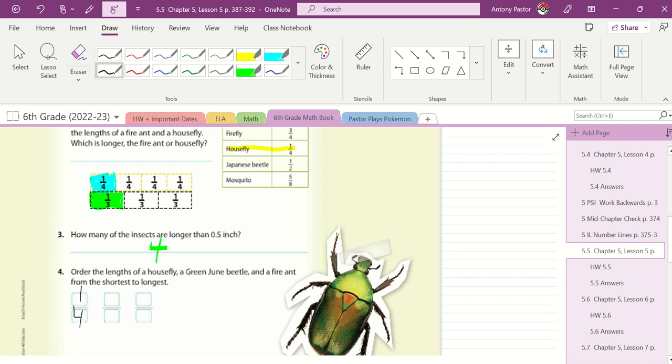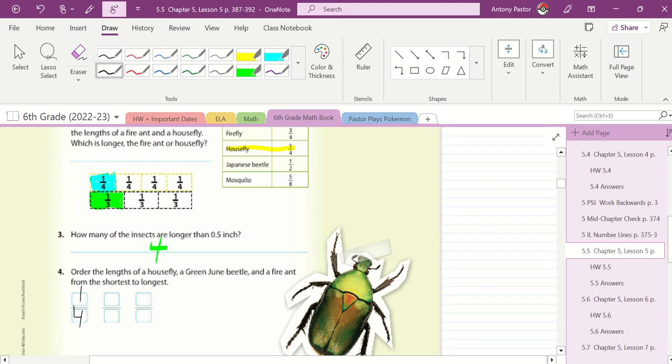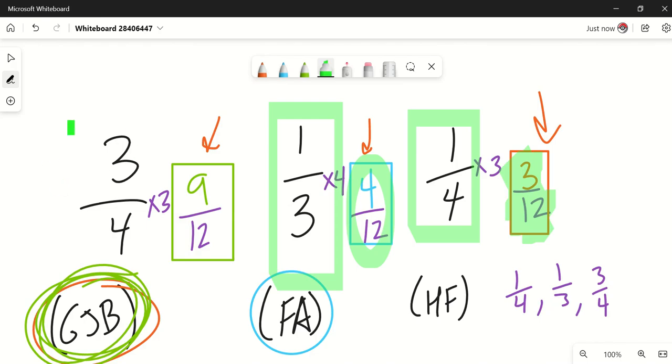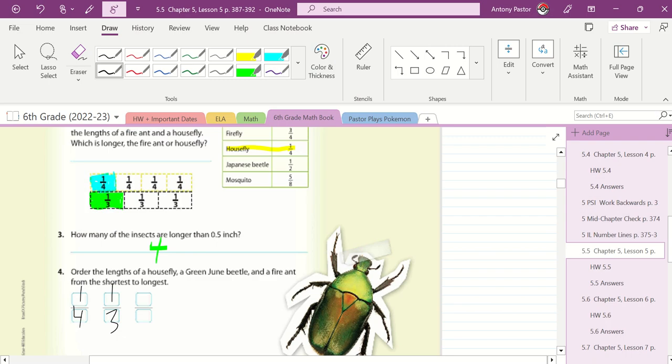Then I'm going to put the next shortest, which is our 1/3. So I'm going to put 1/3 there. And our last one was our green June beetle at 3/4. Again, we're ignoring the new fractions. We only use those to compare. And I'm going to write 3/4. And that is my answer for number 4.